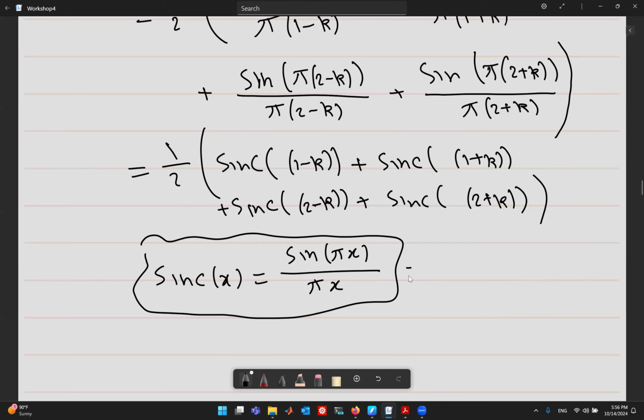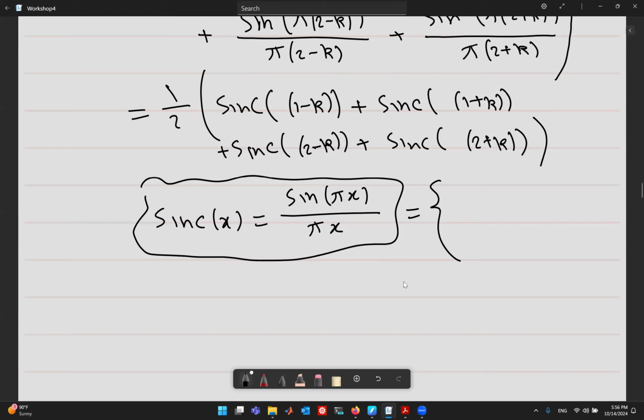But it has properties that you should remember: it's 1 when x equals 0. If you try to find the limit at x equals 0, it will be 1.